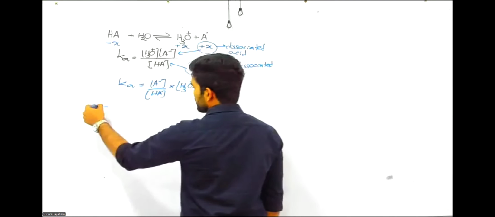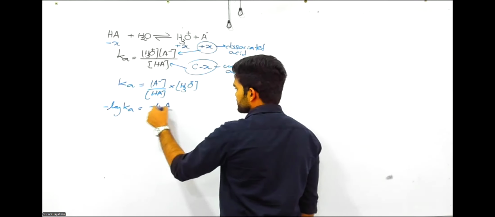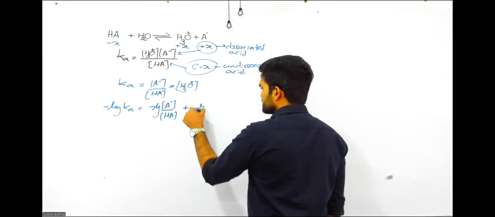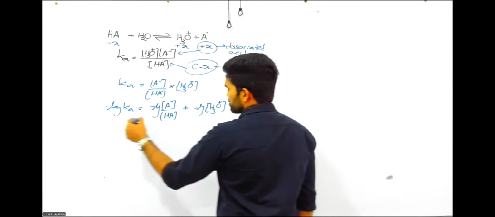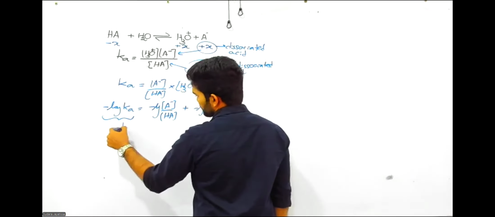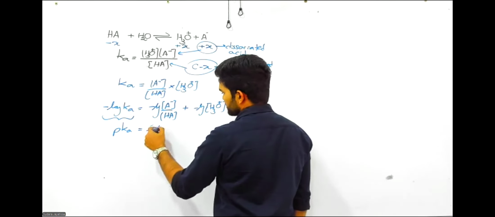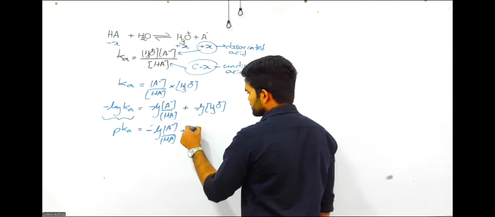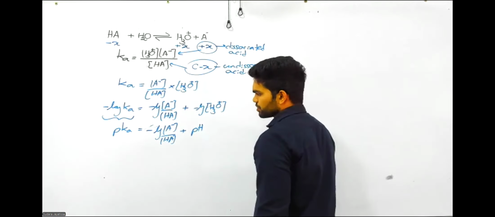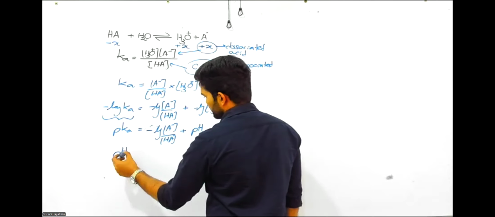And then you can take it into log: minus log Ka equals minus log of A minus over HA, plus minus log H3O plus. So minus log Ka is what? pKa. This one is actually the same thing, A minus over HA. And this becomes pH. So if you make pH the subject, what will you get?